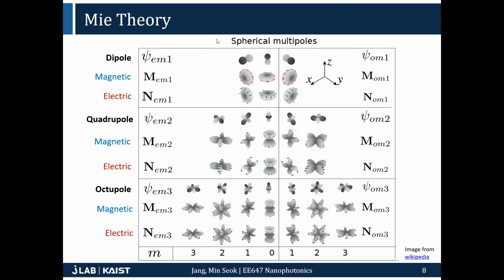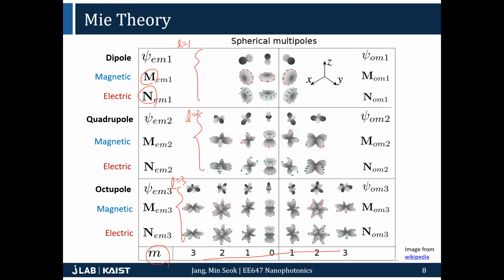So this is a graphical representation of the series solution that I mentioned previously. This is the case of L equals 1, L equals 2, L equals 3, and here you have M's. This M and N is what I mentioned earlier, like the magnetic and electric vector fields.